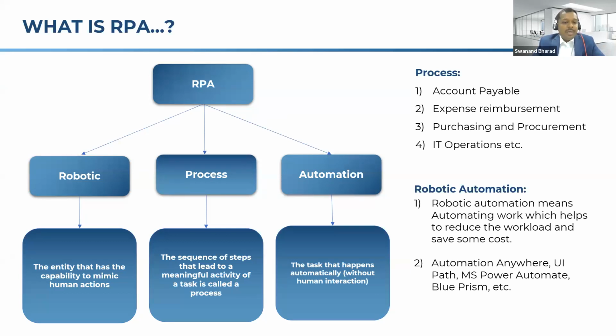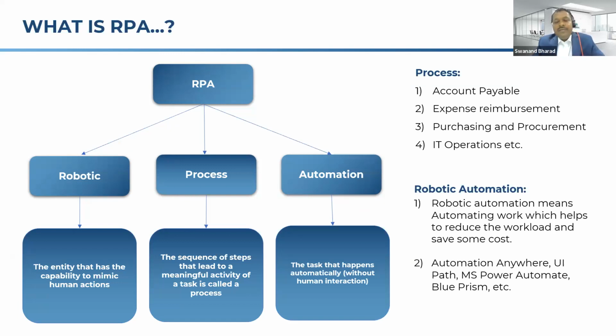A process is the sequence of steps that lead to a meaningful activity or a task. Automation means the tasks that happen automatically without human interaction. So that's the complete robotic process automation which we are going to discuss in detail in today's session.